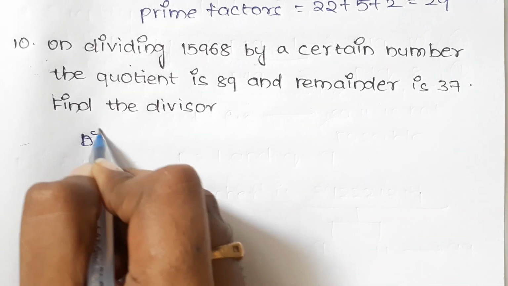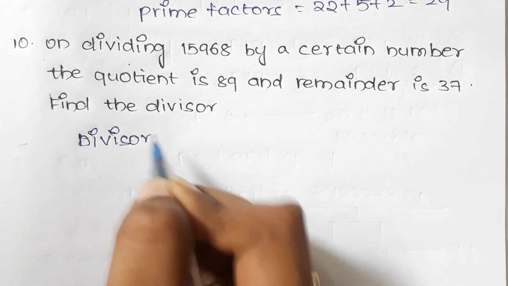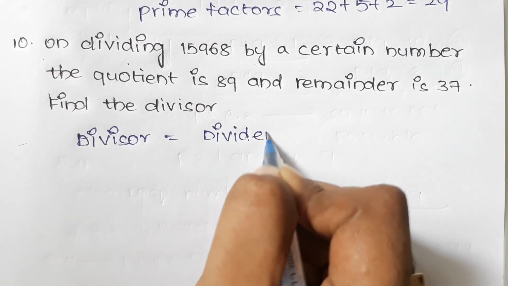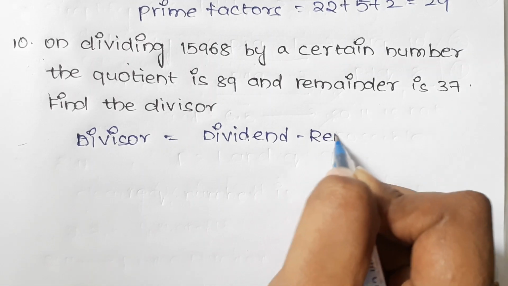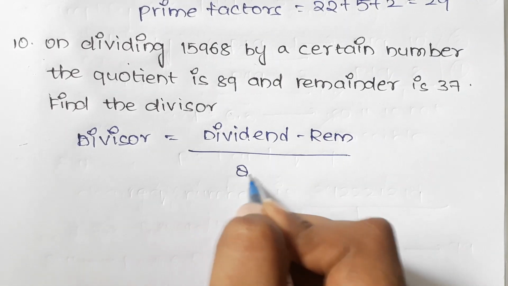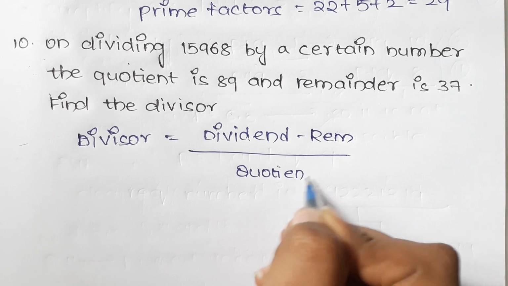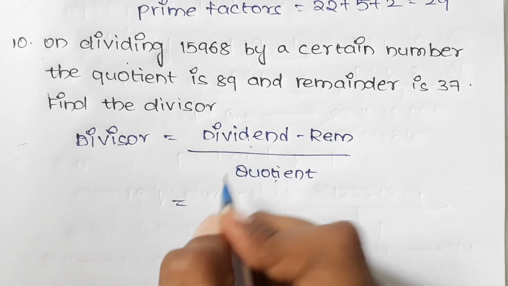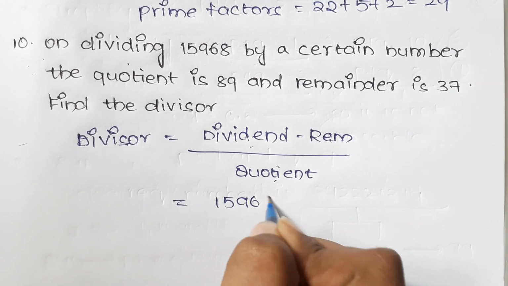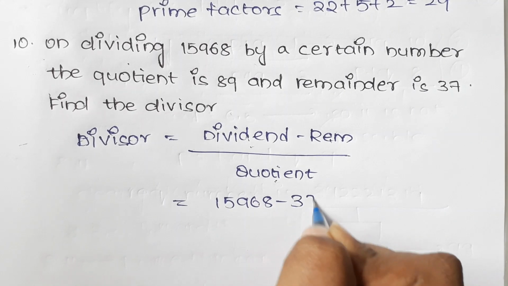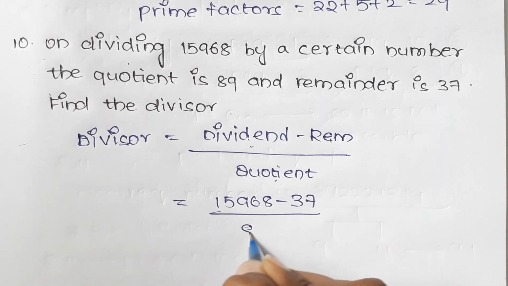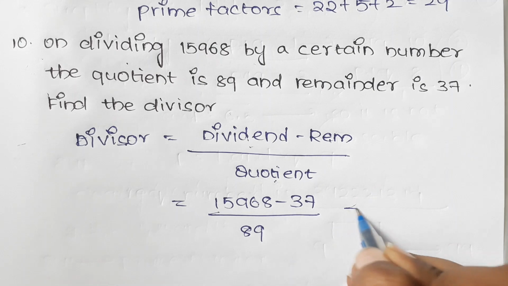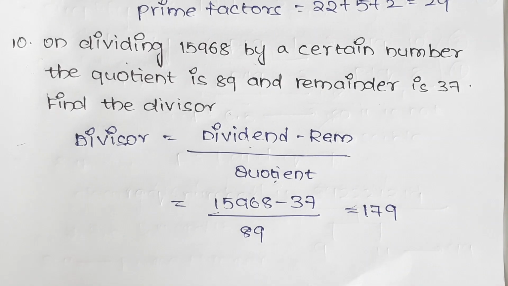Now to find the divisor, divisor equals dividend minus remainder divided by quotient. Now we know these three values, we should find this, that is 15,968 minus remainder 37 divided by 89. By solving this, we will get 179.